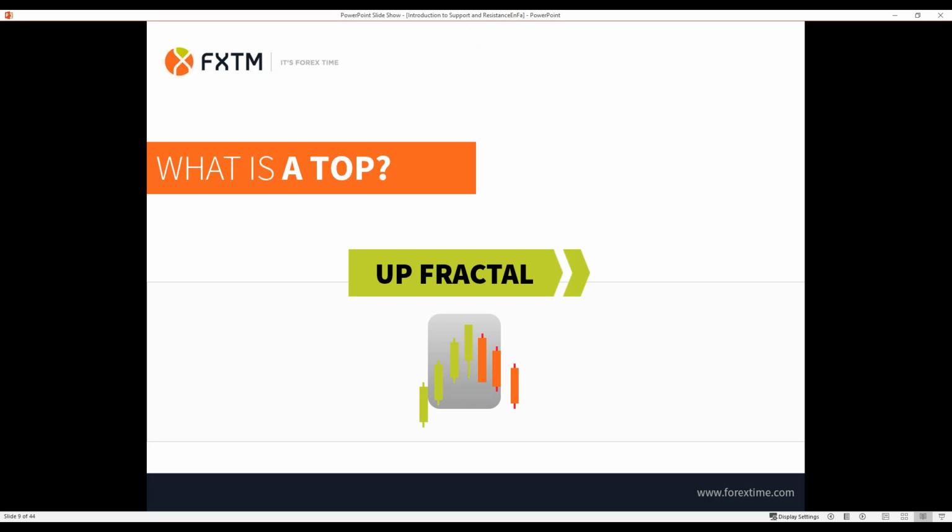So this one, the middle finger or the middle candlestick, is higher than the 2 candlesticks to the left and at the same time it's higher than the 2 candlesticks to the right. As simple as that. Okay, guys? So we have our fingers. The middle one is higher than the 2 to the left and higher than the 2 to the right. Very nice. And of course, the middle high is going to be our top.